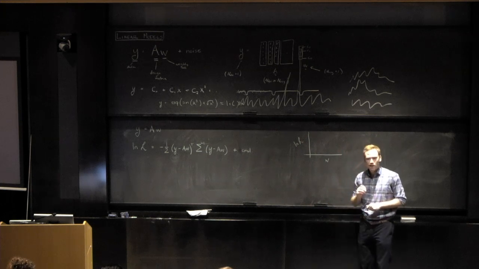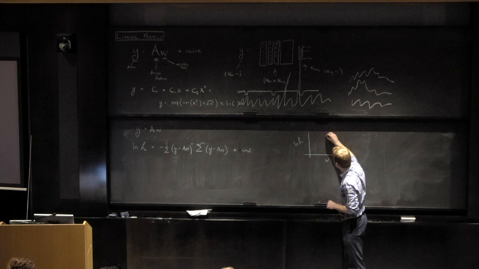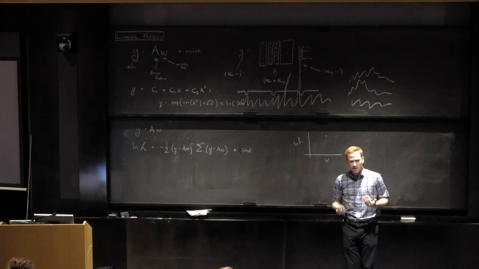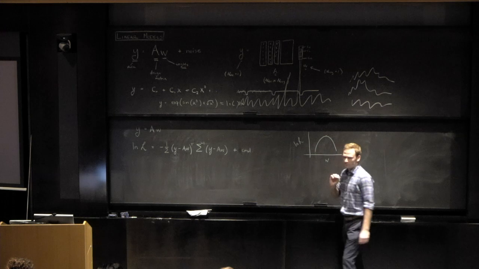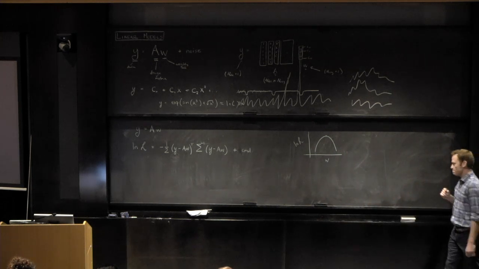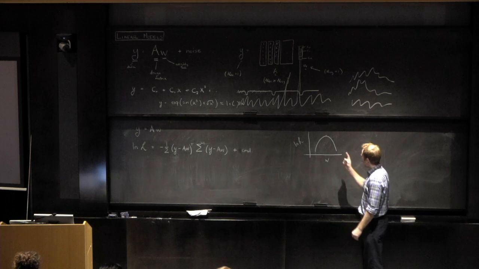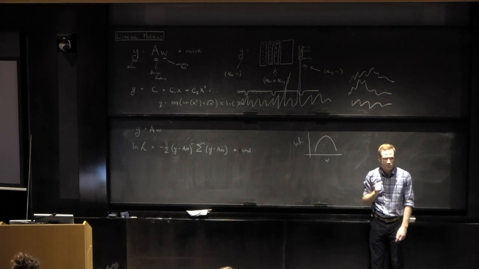There exists some value of W that maximizes this log likelihood. And the cool thing about convex problems, such as this one, is that there is only one solution, only one single peak. And so everywhere the gradient of this function points towards the global solution.